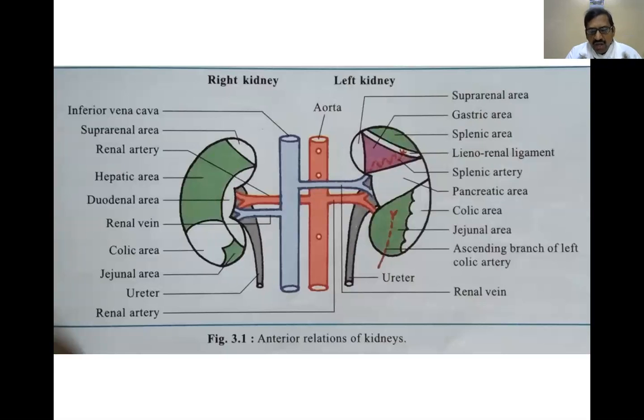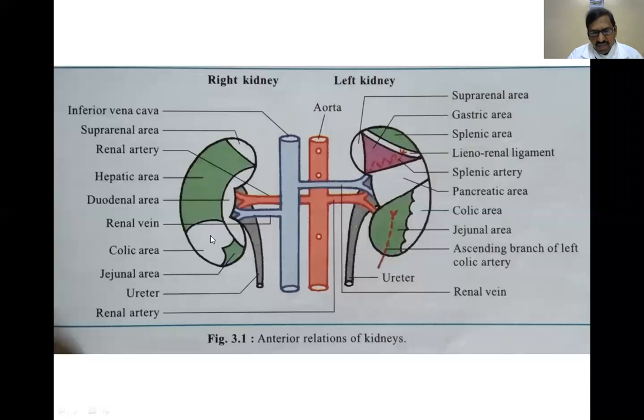The right kidney is different from the left kidney. If you take the right kidney, there are 6 areas. This area is related with the suprarenal gland, this area with the liver, the hepatic area, this is the duodenal area, and this is the colic depression, the right colic flexure.